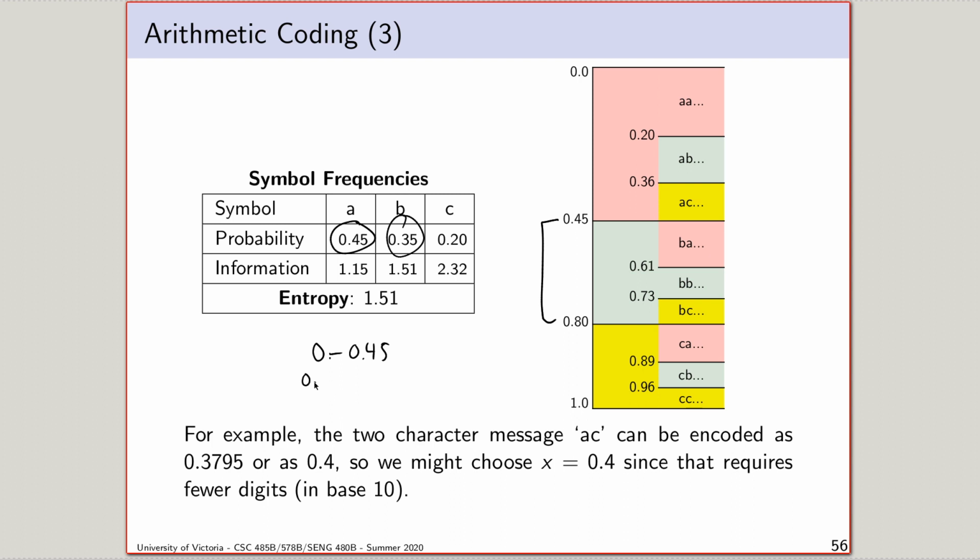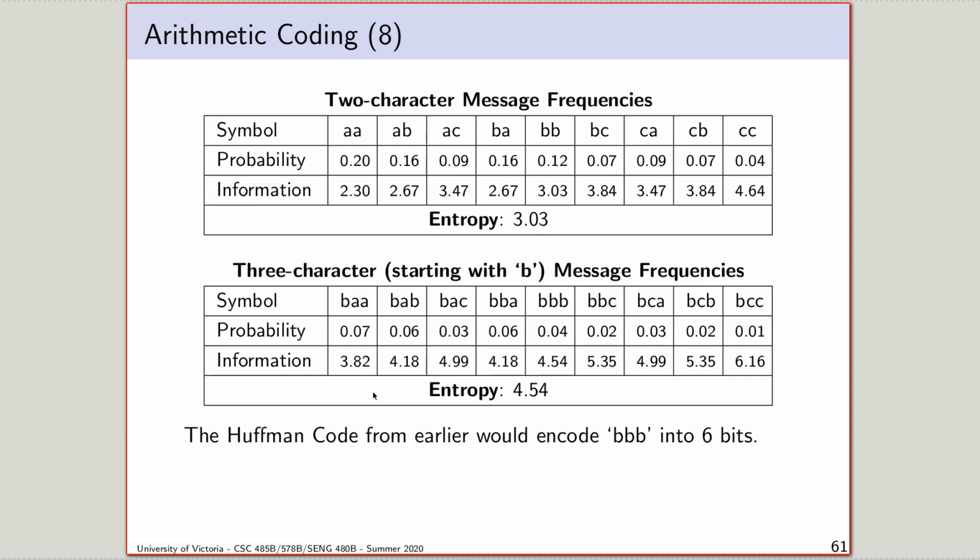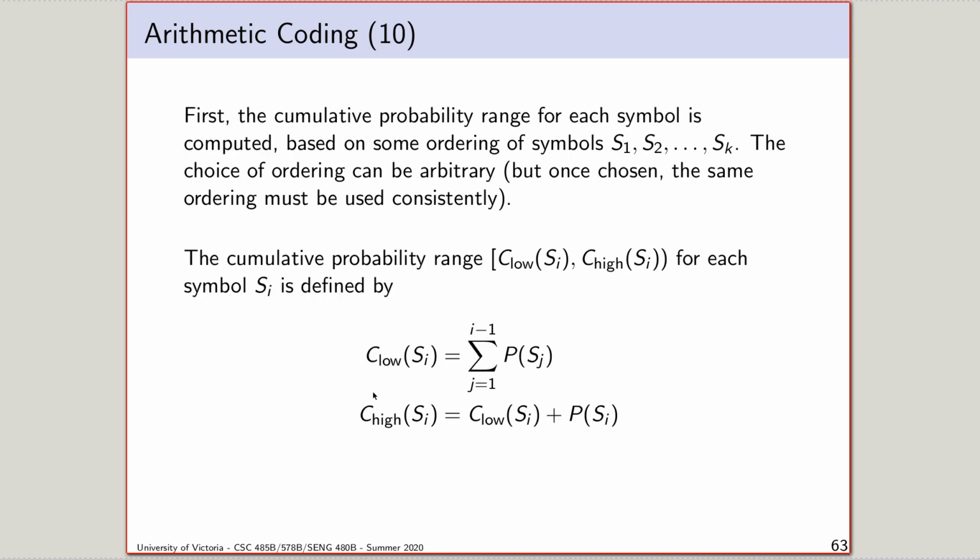B is wherever that left off, 0.45 to 0.8. We're going to call this the cumulative probability. So we just take the probability of all the previous values, and then the window is the sum of all the previous probabilities as the low end of the range, and then that sum plus the probability of the current symbol as the high end of the range. And so I'm going to call it the cumulative probability range, and I define it as a half open interval. So C low and C high of each symbol.